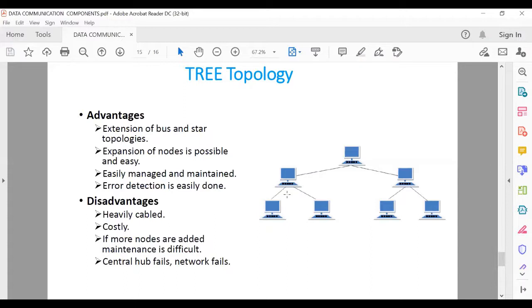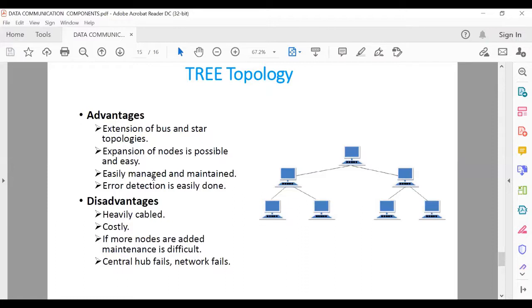Features of these tree topologies are like it is ideal if workstations are located in group format, and these are used in WAN, the wide area network purpose. There are certain advantages like extension of bus and star topologies. Expansion of nodes is possible, and it is very easy to connect, easily managed and maintained, and error detection is easily done.